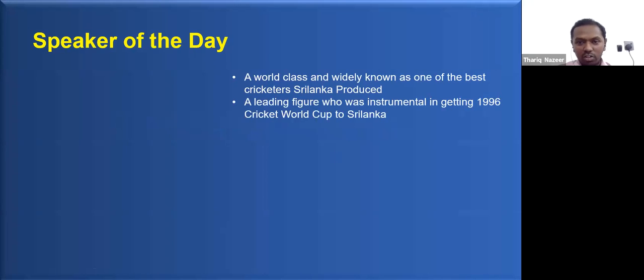He was instrumental in Sri Lanka winning the World Cup in 1996, and he was the vice captain of the Sri Lanka cricket team which won the 1996 50-over World Cup.